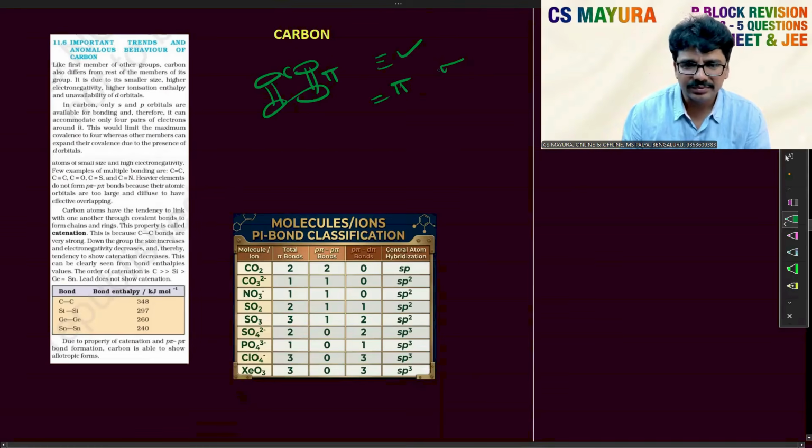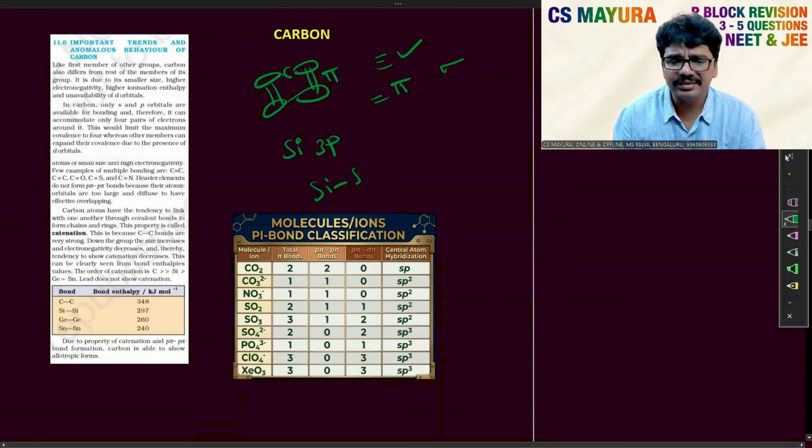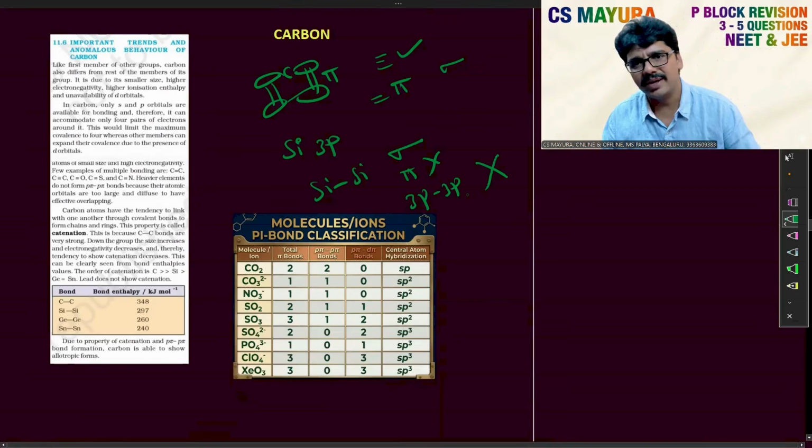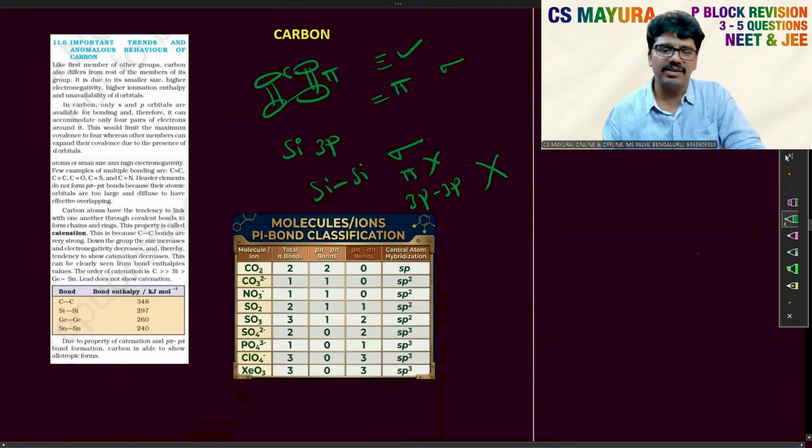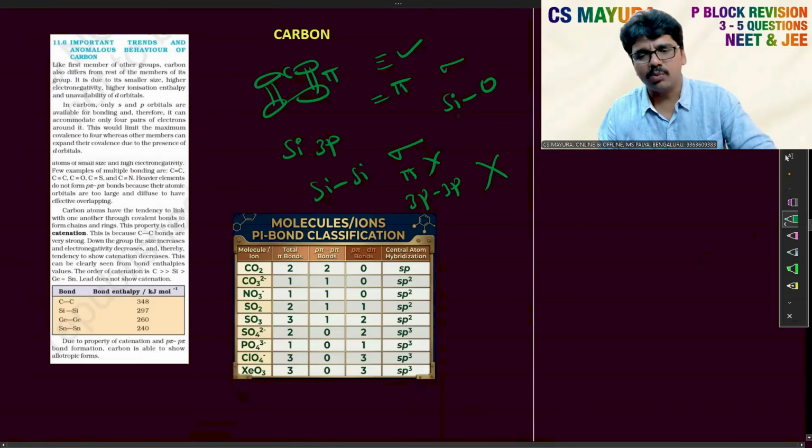Now if I take silicon, silicon has 3p orbitals. So silicon with silicon can form a sigma bond, but a pi bond cannot be formed. I mean 3p orbitals cannot participate in sidewise overlapping. They can be involved in direct overlapping, but sidewise overlapping is not possible. But if you take the same silicon with oxygen, a pi bond is possible.